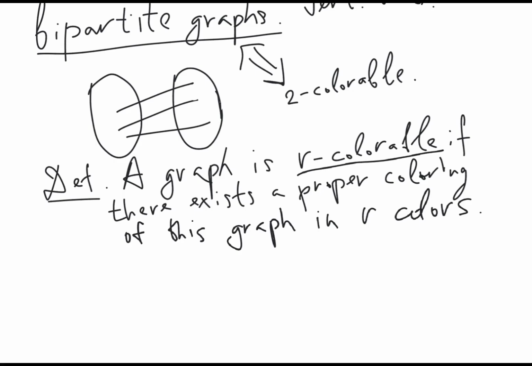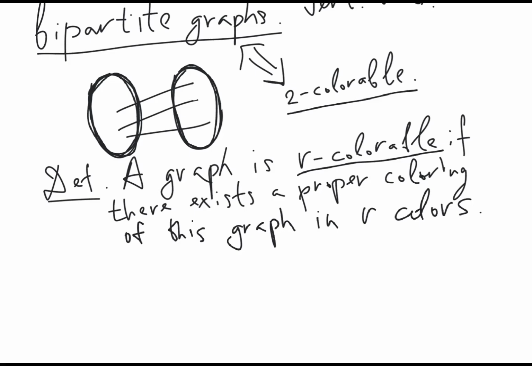2-colorable means that there is a proper coloring in two colors, and it's obvious what this coloring is. A bipartite graph is by definition a graph whose vertices can be partitioned into two sets.